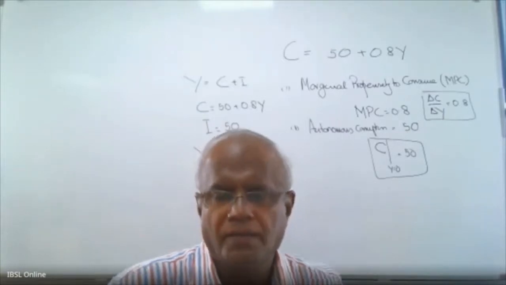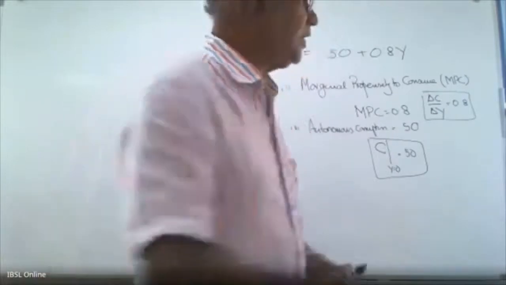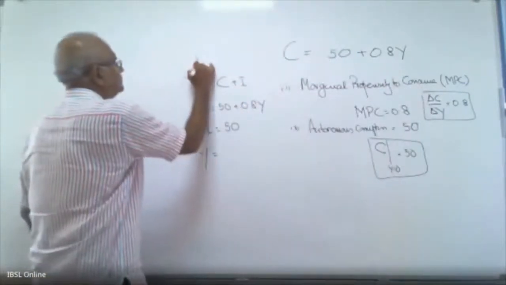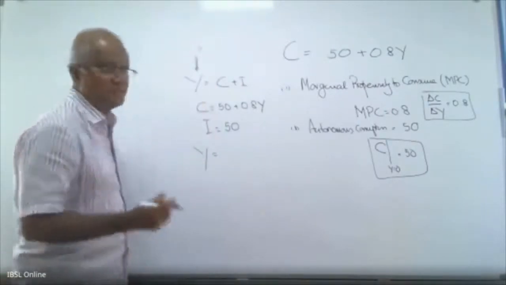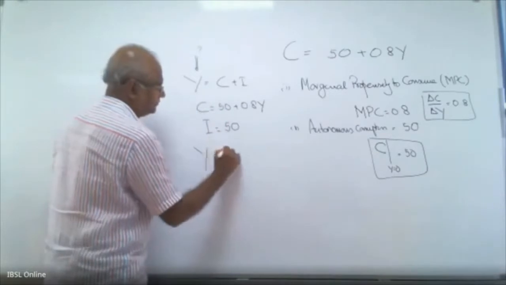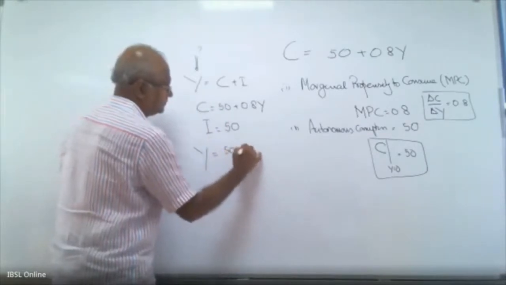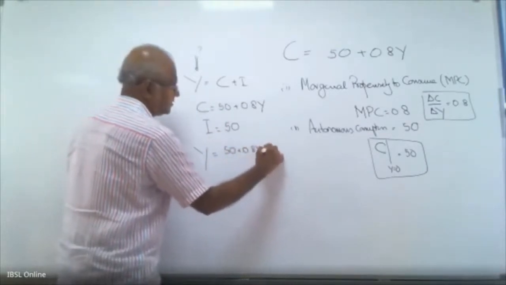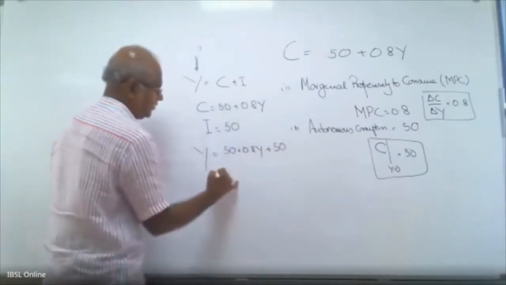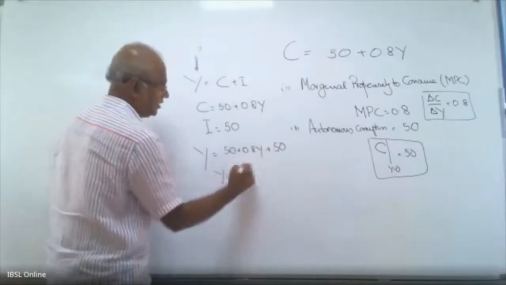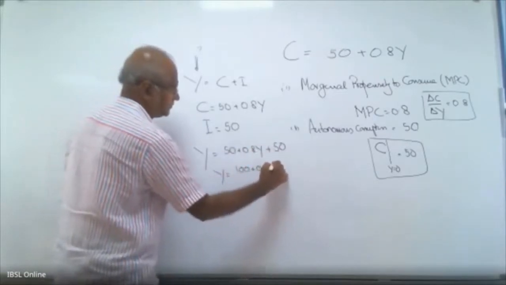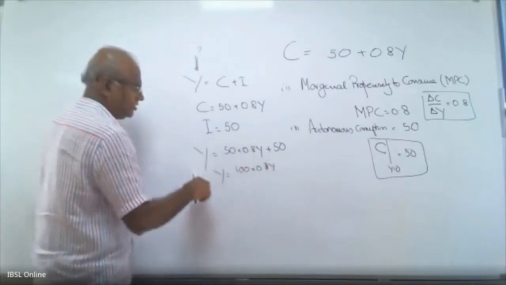Now you can see how to calculate national income. You calculate this Y. We substitute C equals 50 plus 0.8y, plus I equals 50. Then Y equals 100 plus 0.8y. Take 0.8y to this side.